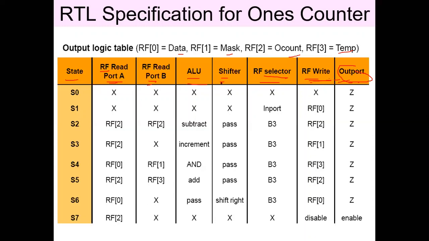RF write. Okay, register file read for port A, register file read for port B, operation of ALU, shifter, then source of that data. RF selector means from where the data needs to be selected, and RF write means to which register we have to write. Output port is actually enabled only in the final stage.